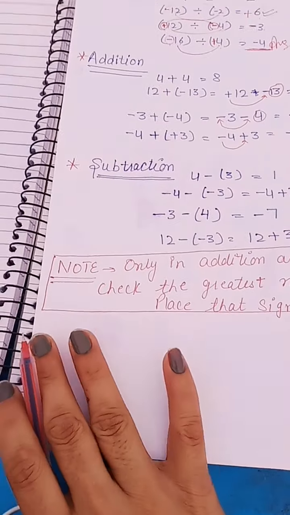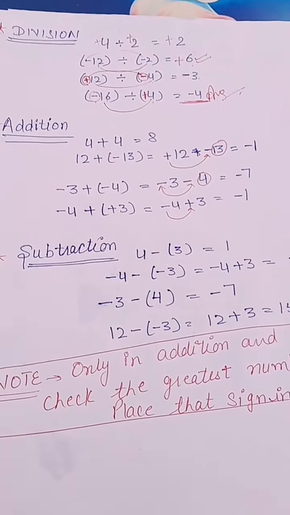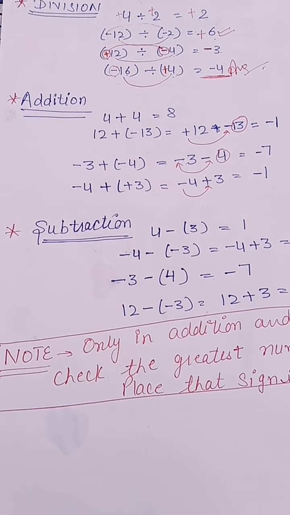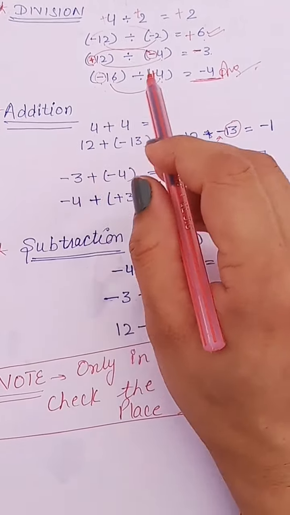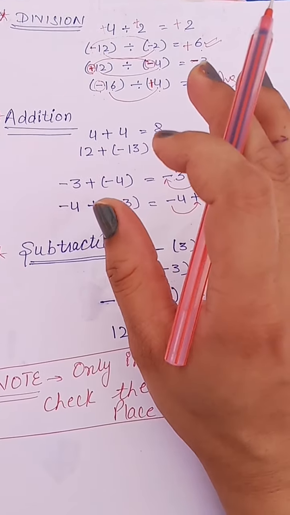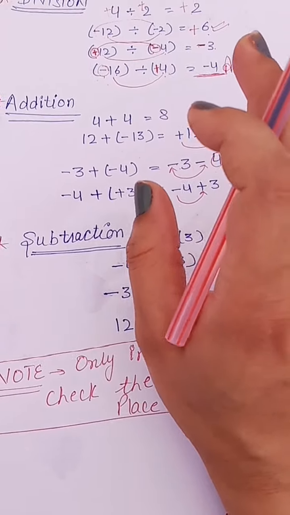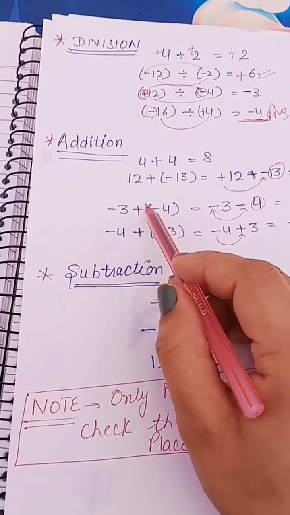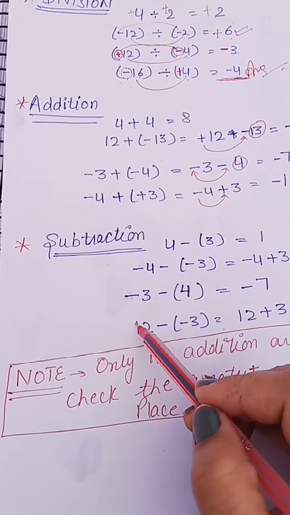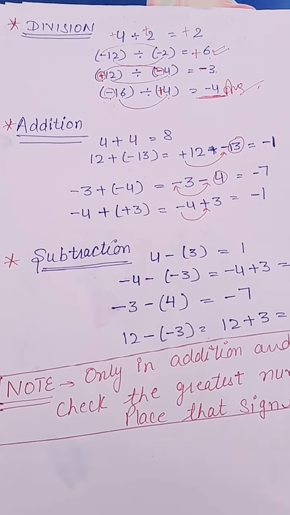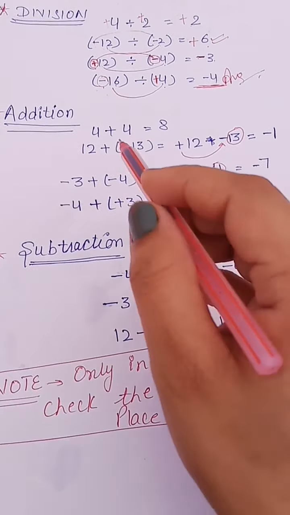Clear? Okay, now we will discuss addition, subtraction and multiplication. You have to follow these types of rules directly, but in addition and subtraction there is a little bit of difference. See how it is.